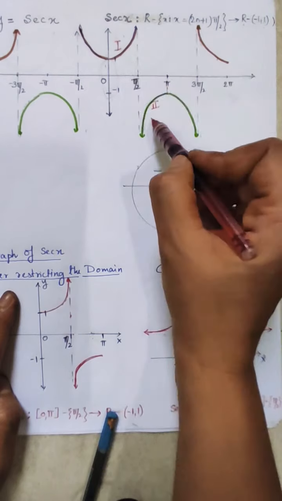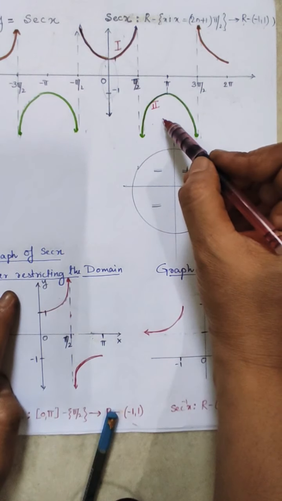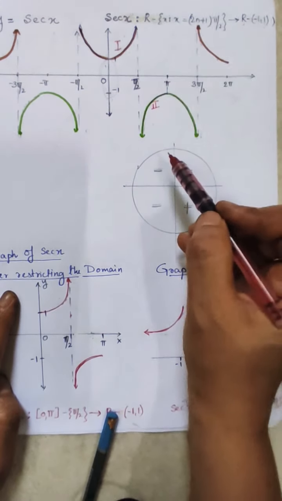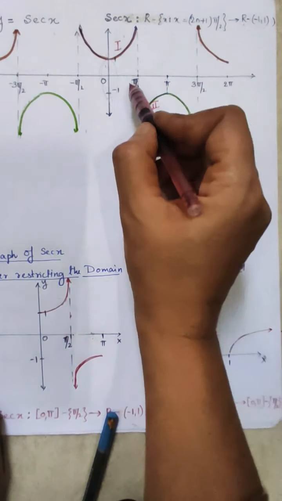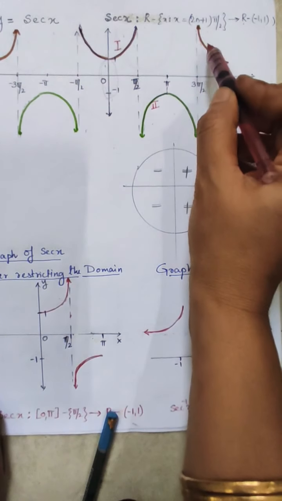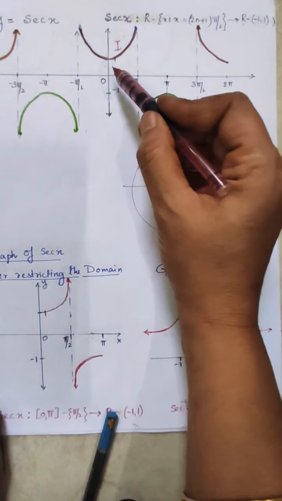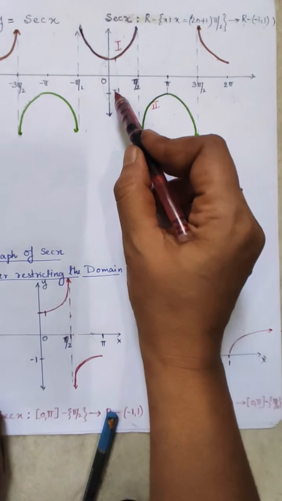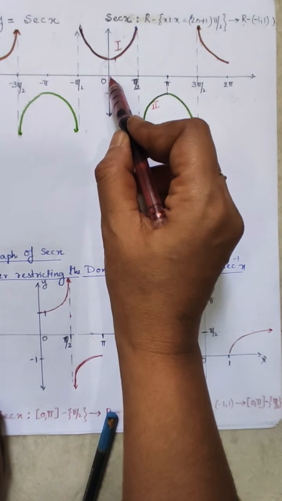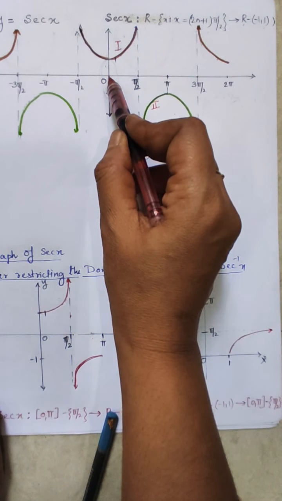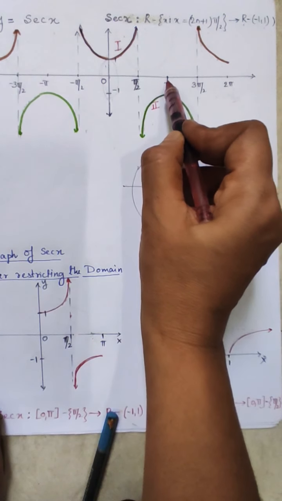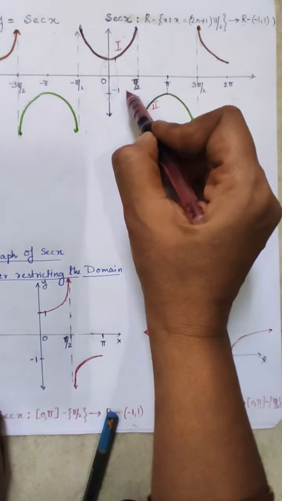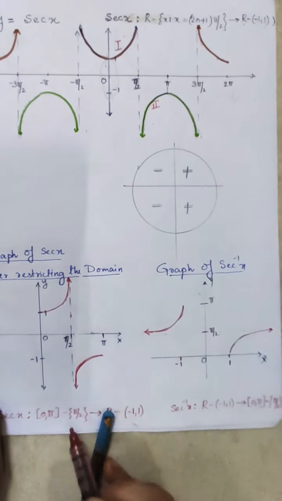So this one can be the principal value branch, or this one can be the principal value branch. What we will be doing is the principal value branch after restricting the domain will be the closed interval 0 to pi, from which we will be removing pi by 2.